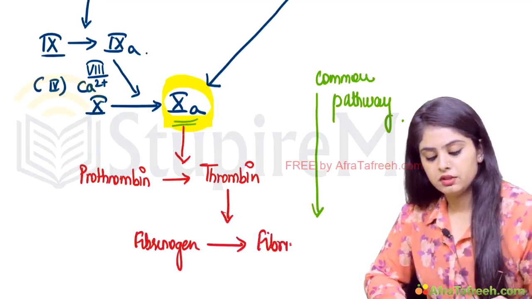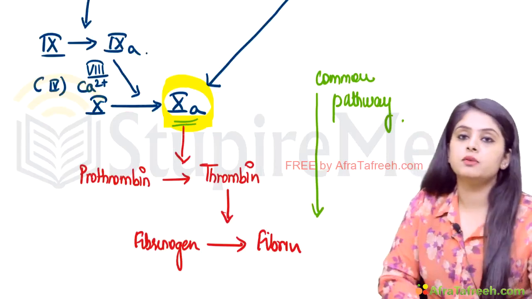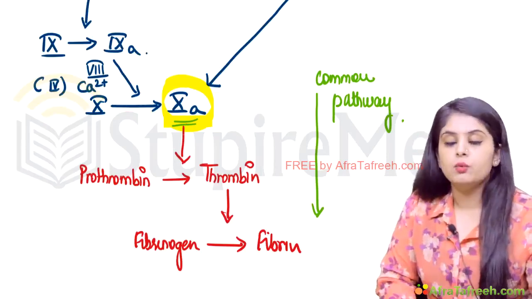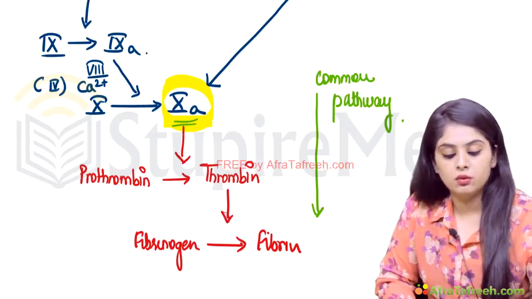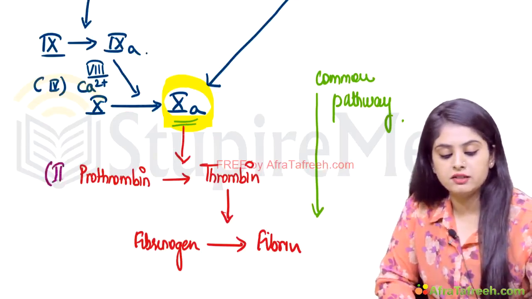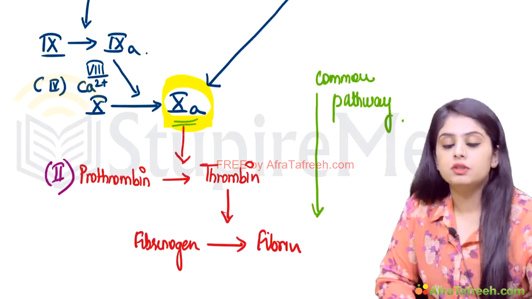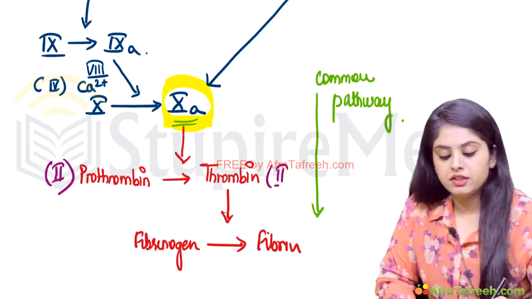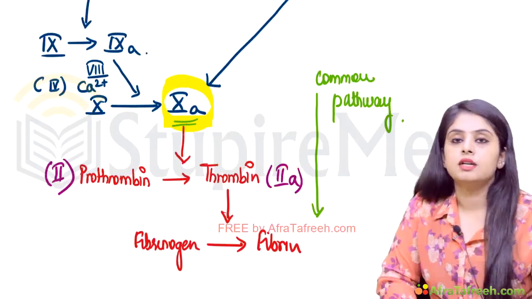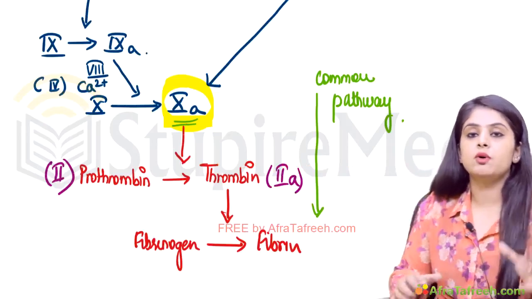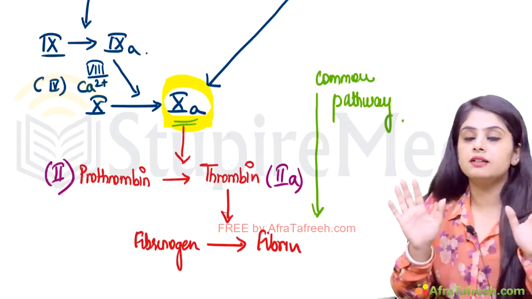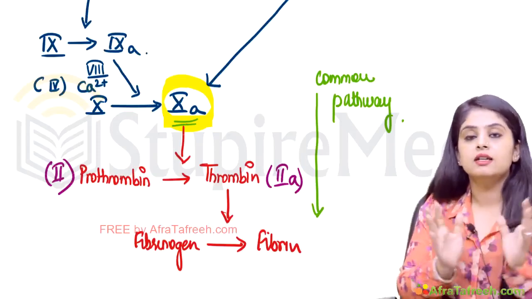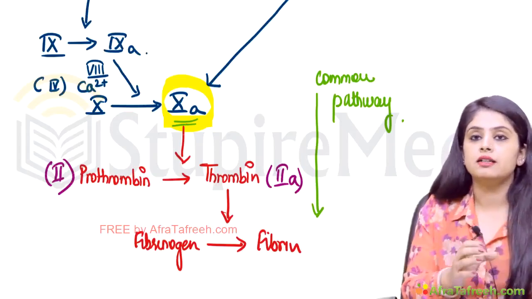into fibrin. Now there are a few more factors that we need to consider over here. When factor 10A was converting prothrombin into thrombin, what coagulation factor is it? Factor number 2. When 2 gets converted into 2A, till now the mnemonic was that in intrinsic and extrinsic we were dealing with the mnemonic 10 that was coming to a common factor 10.